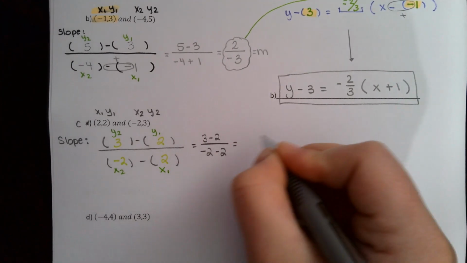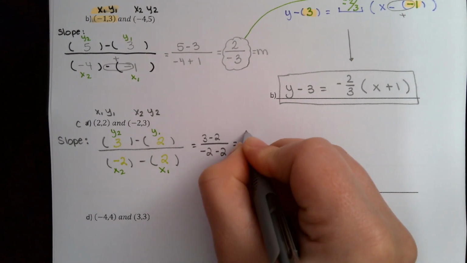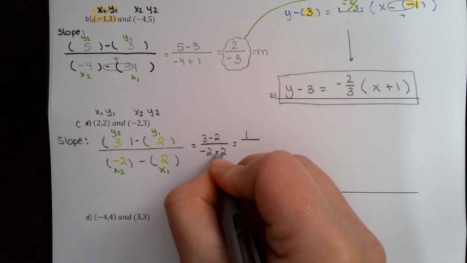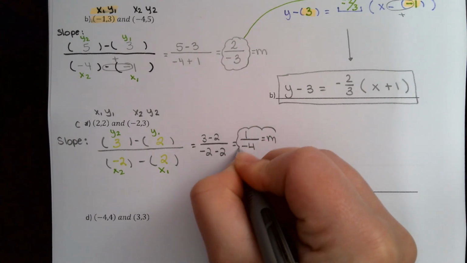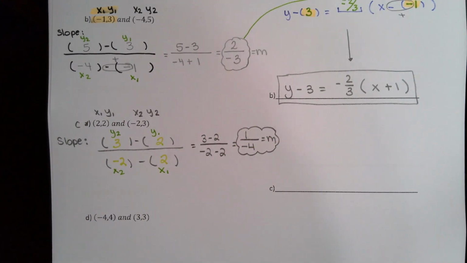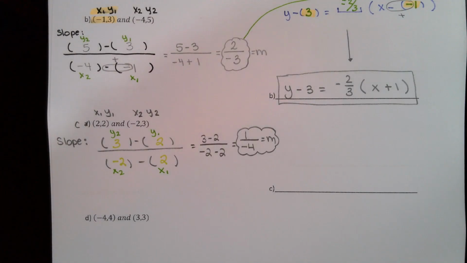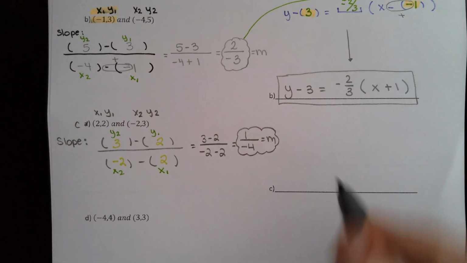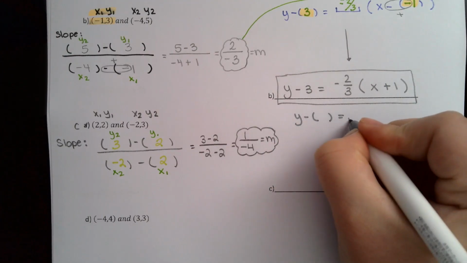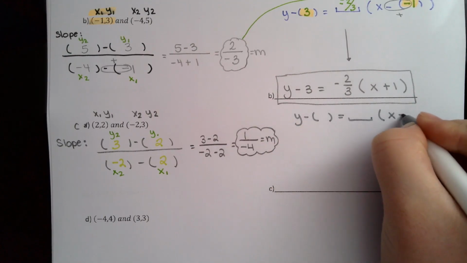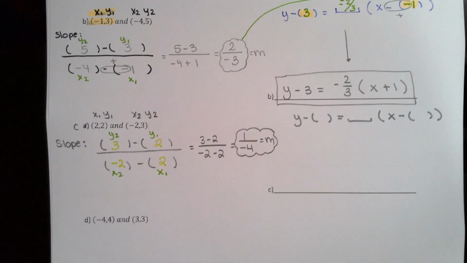Be careful here with counters. 3 take away 2 is 1. Negative 2 and negative 2 is a negative 4. This is our slope. Again, writing out our formulas. We get y minus y1 equals m, open x minus x1, close it.